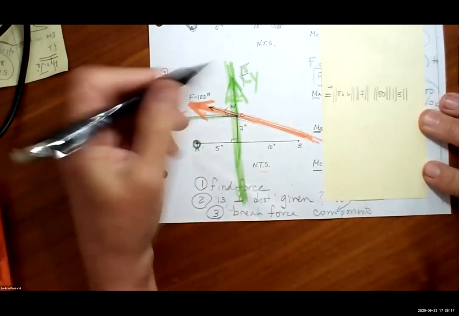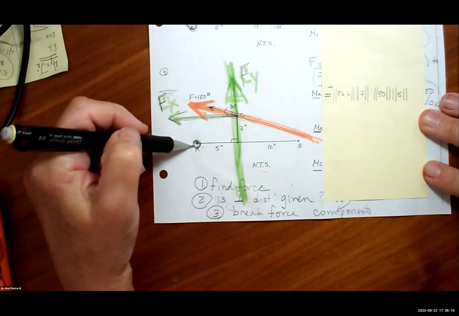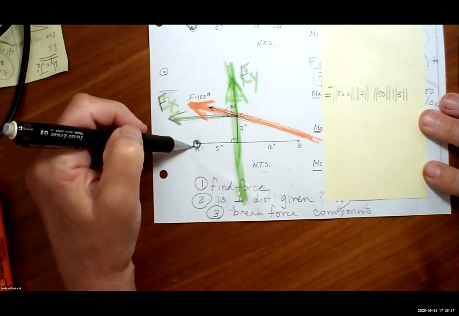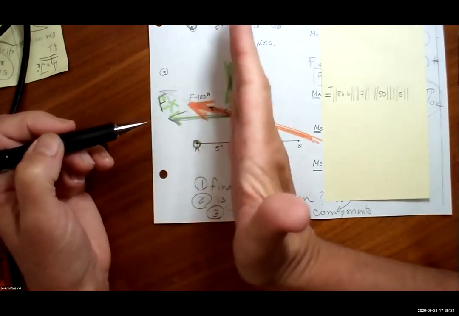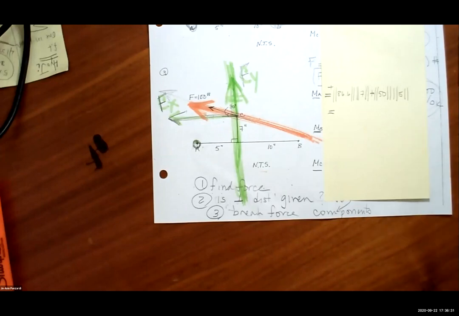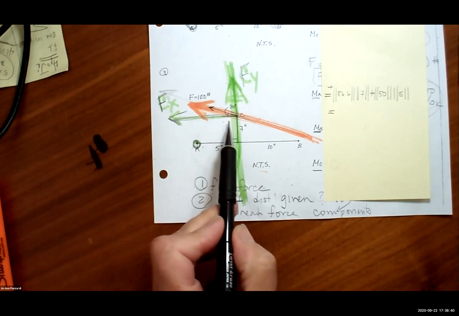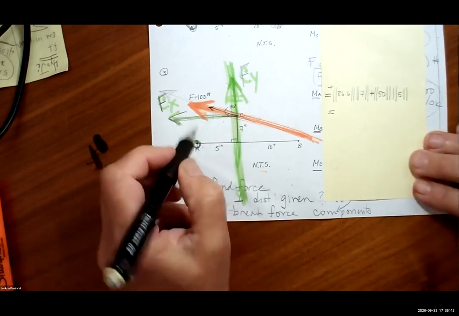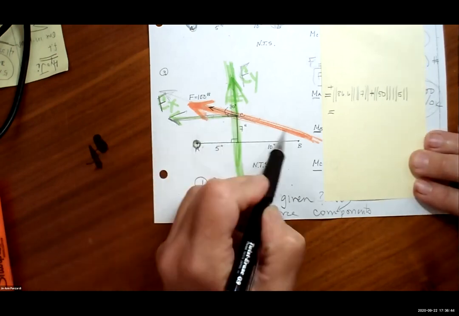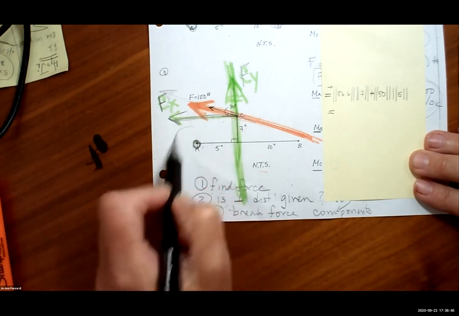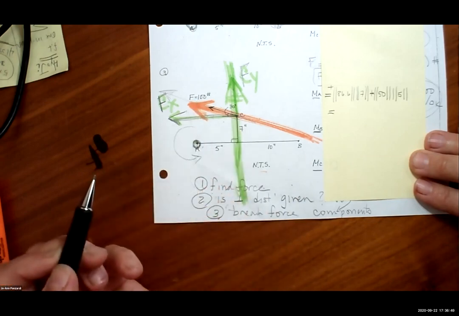And now, is this FY creating a positive or a negative moment about A? Fingers go in the direction of the force. Positive. So what does this come out to be? Joanne, are you adding those? Yes, I'm adding them. The reason why is that this whole force, you agree, is creating a spin this direction, right?